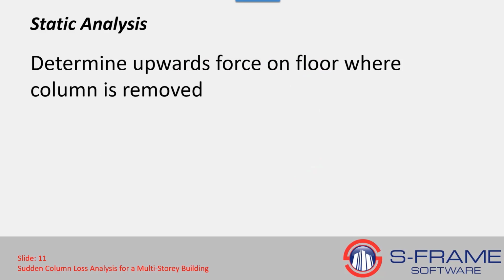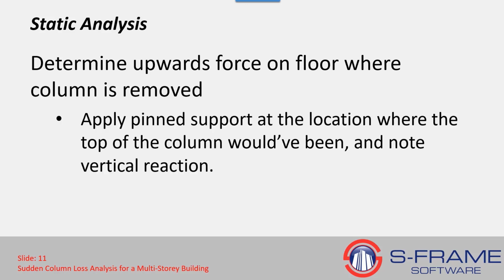It is important to note that since we removed the column, we need to determine how much upward force on the floor that column needs to absorb. And we're going to do this by applying a pin support at the point where the column would have met the floor. What we are interested in when running the static analysis is the vertical reaction at that support.